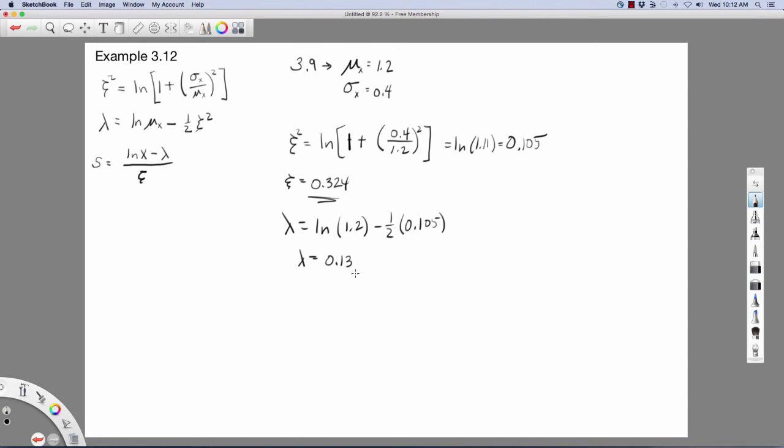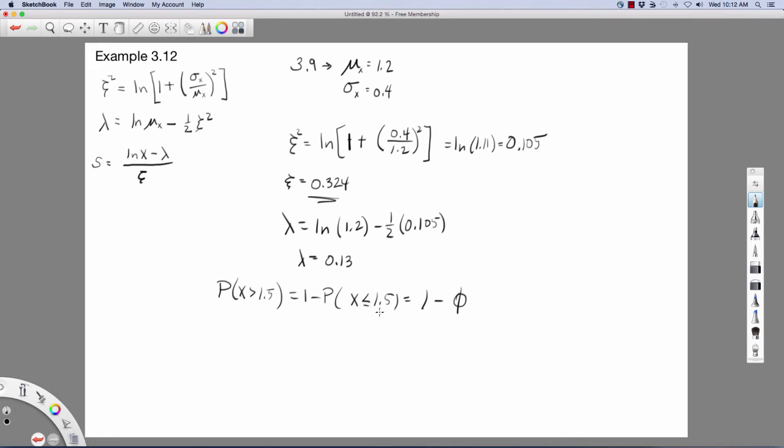So now the probability that x is greater than 1.5 is equal to 1 minus the probability that x is less than 1.5. And this becomes 1 minus the CDF function of, now using the log normal.